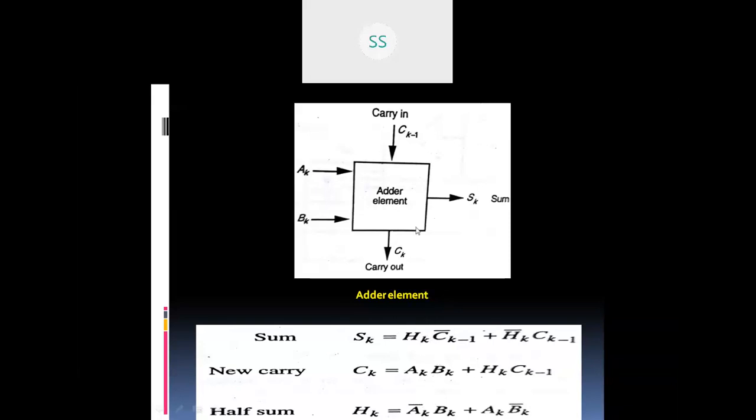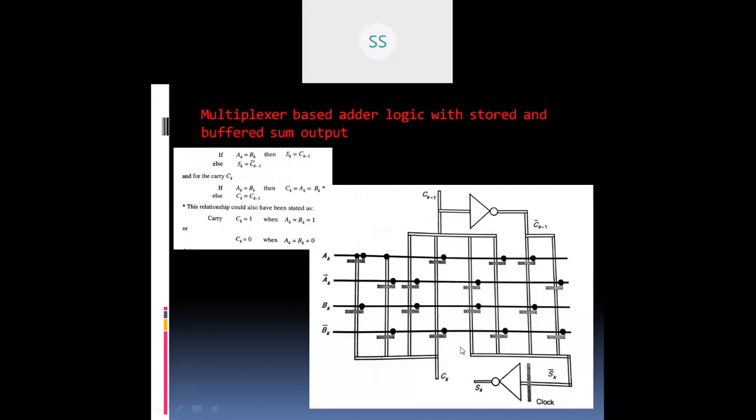So this is defined for a single adder element. Such elements will be replicated, that is, whenever we need the parallel addition of the 4 bits, they have to be repeated. Now this particular diagram shows how the previous adder is implemented.